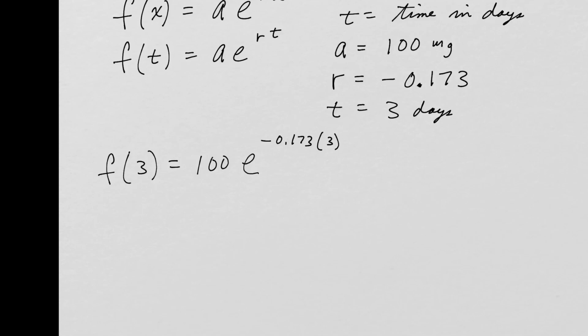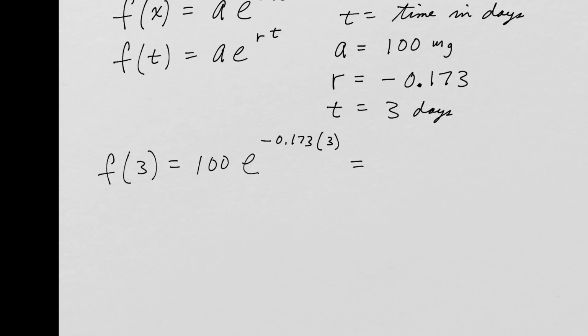Be careful when you do this in your calculator. Most of you should have a key that will allow you to do exponential. It'll either allow you to enter in the e itself, or it'll be like a key that says e to the x, and you can put in the exponent, right? So you need to find that in your calculator.